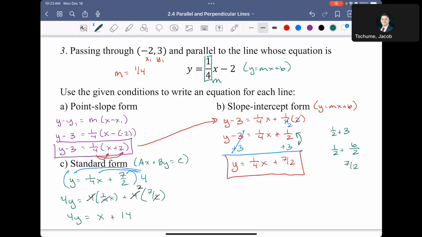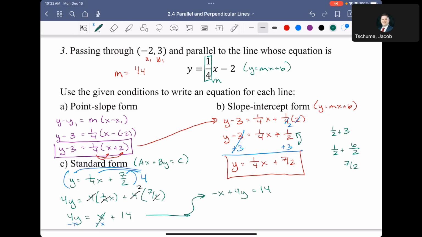Now remember, you need the x's and y's on one side and the numbers on the other. So I'm going to subtract the x over to the left, which will make this negative x plus 4y equals 14.